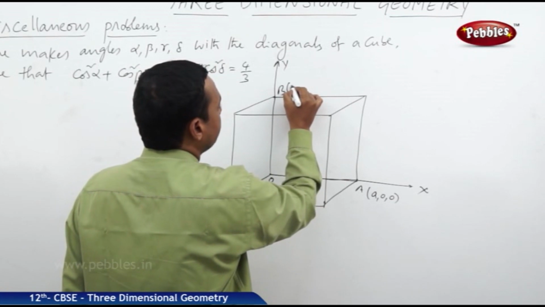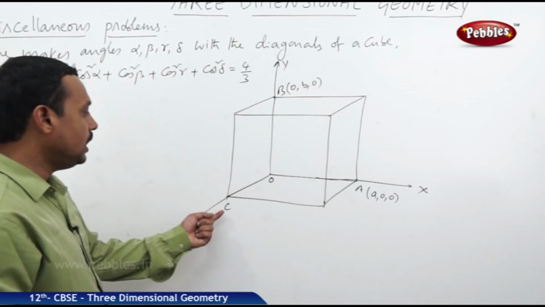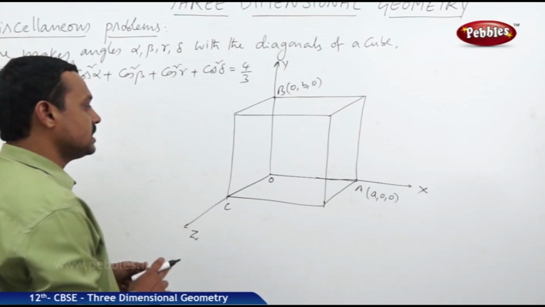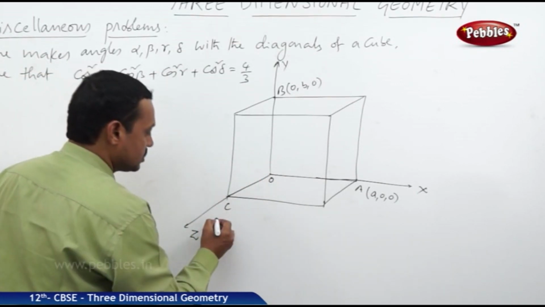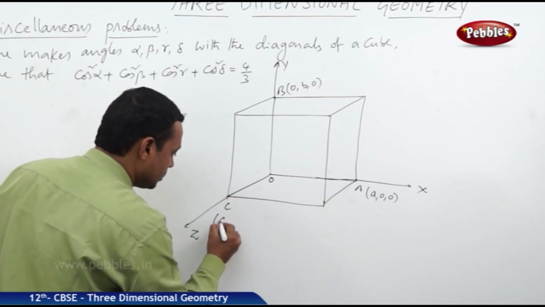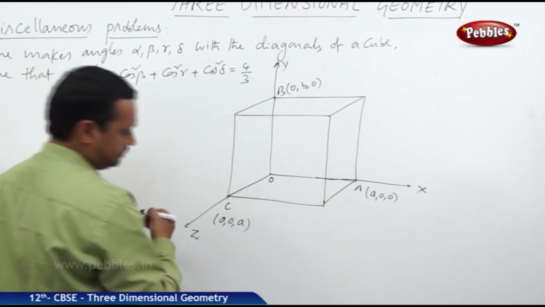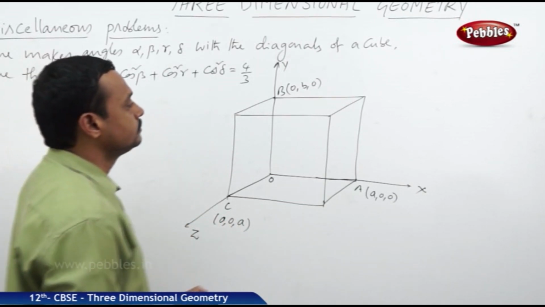Therefore the coordinates of B are (0, A, 0). C is a point on the z-axis with the same length, A units. Therefore the coordinates of C on the z-axis are (0, 0, A).